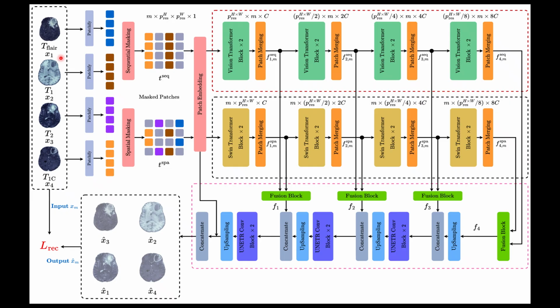These two types of information call for two different architectural choices, which is exactly why the authors use a dual branch encoder. So, the sequential branch uses a vanilla vision transformer with absolute position embedding. Here's the intuition. You are treating the 4 modalities almost like words in a sentence.